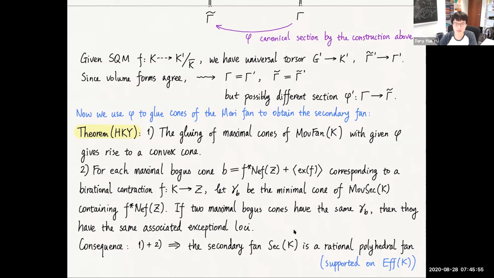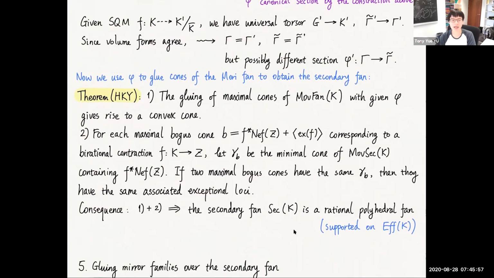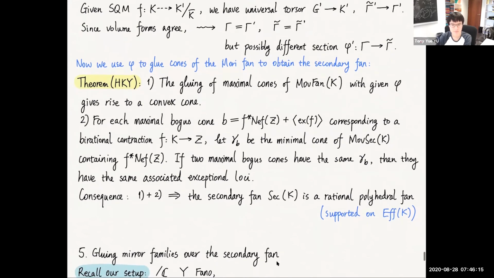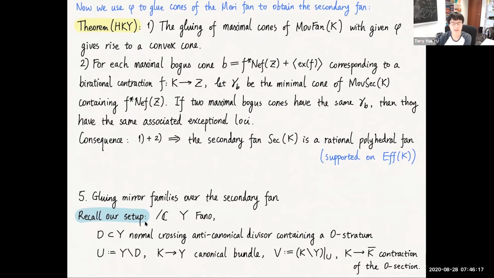And now finally we have to extend mirror families over this secondary fan. We have to glue mirror families over this secondary fan, and I will quickly sketch how to do this. Recall our setup.